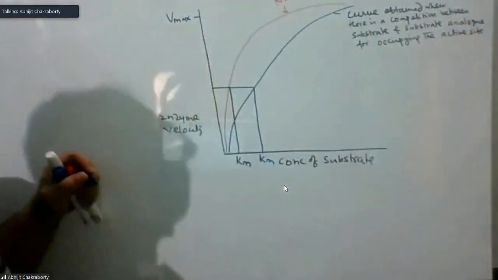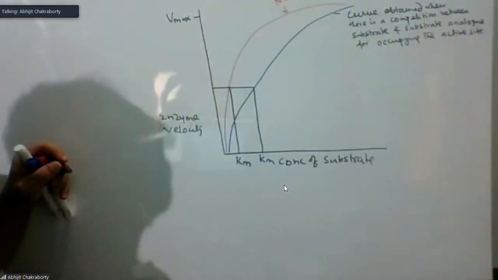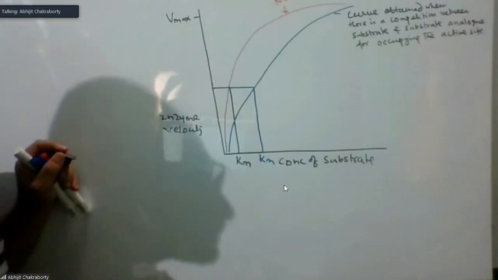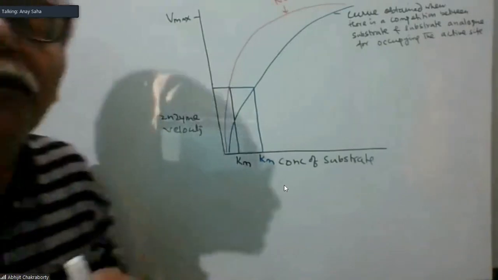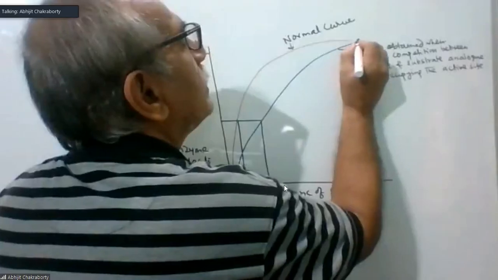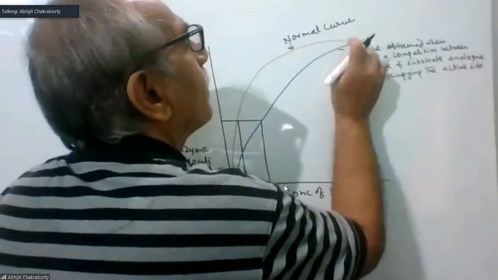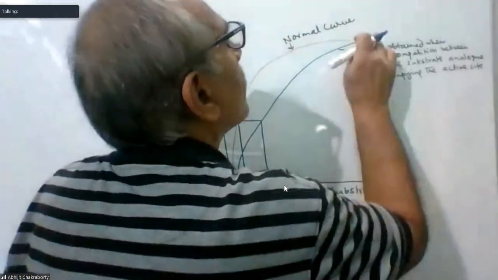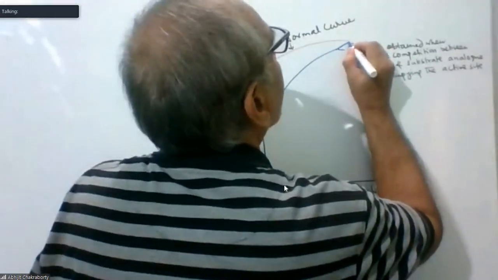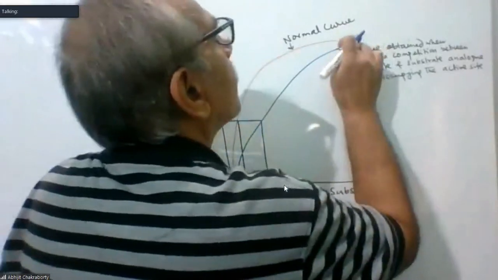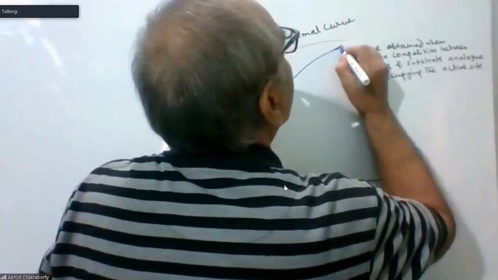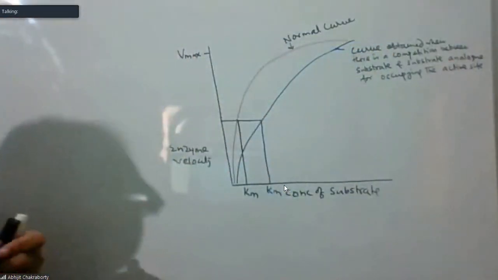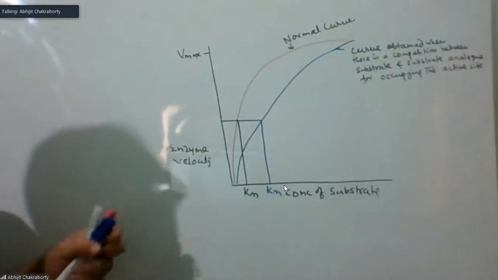This is the curve obtained when there is a competition between substrate and substrate analog for occupying the active site. Vmax is to remain the same.